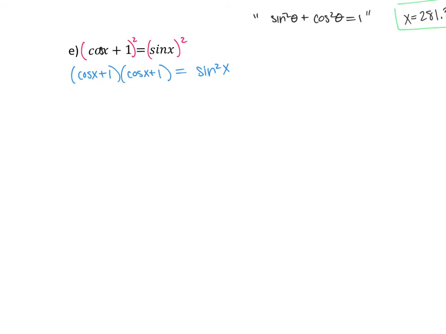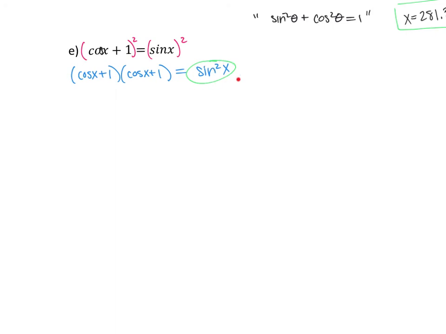Now from here, I'm starting to see some things. I could FOIL this out and make a trinomial, but the problem is I still have to deal with the sine squared. But here's the nice part. I can change this sine squared if I move this formula around and solve for sine, so I can write it in terms of cosine.